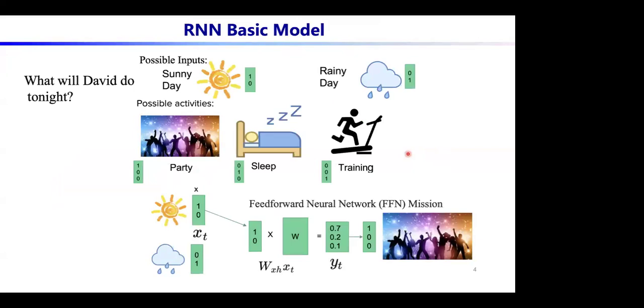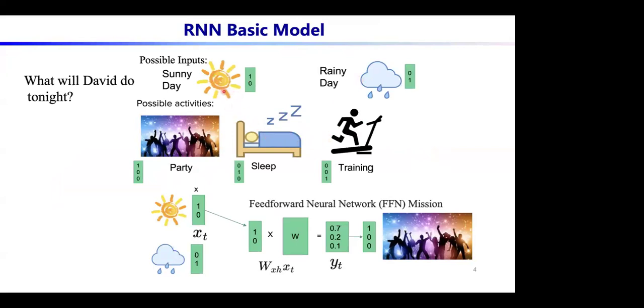So in order to explain this new AI architecture, we take some simple examples. So this is an example of the activities we plan for the next day. Obviously the activity depends on the weather.